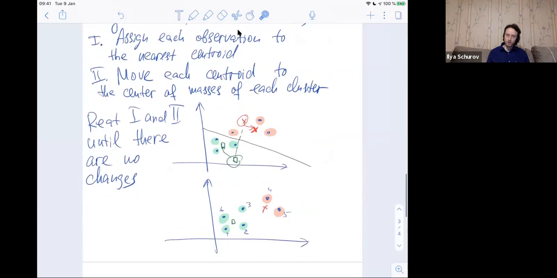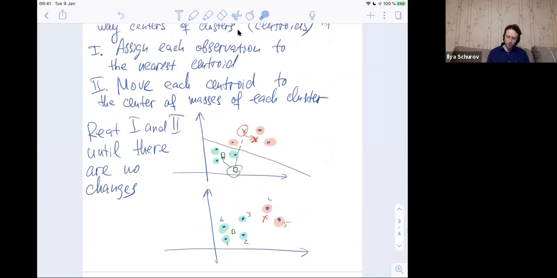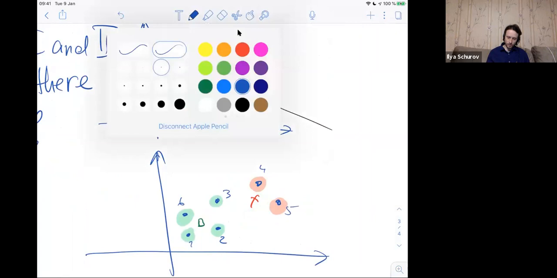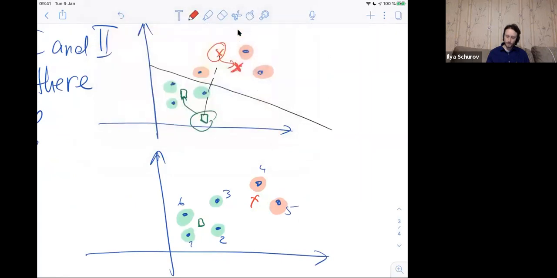What happens next? How will we move our centroids? For example, what can you say about this red cluster? Where will we move it? We have to move it to the center of the corresponding points. And if we have only 2 points, the center is just the center of the corresponding segment. So I will move this red one here.